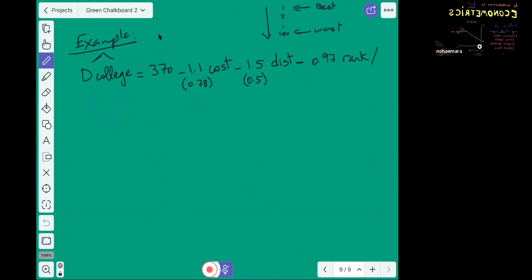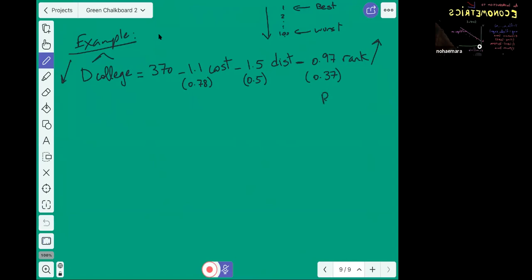So as the rank goes from 1 to 100, the demand decreases. That's why this one is negative here. Okay, and then we have the standard errors. We don't actually need them now, but to be complete, I have them here.